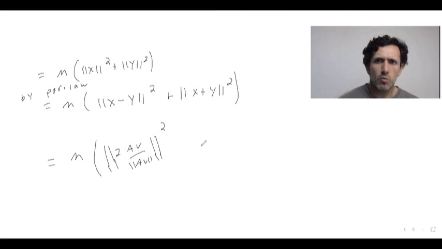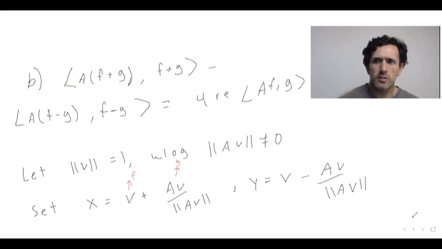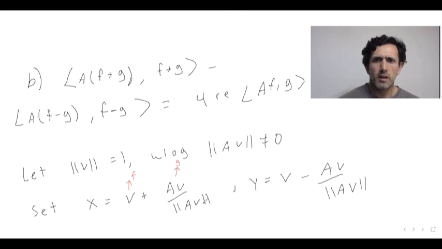And what is X plus Y? Sorry, right here. Well, that's just obviously 2V, because the AV over norm of AV cancel out.